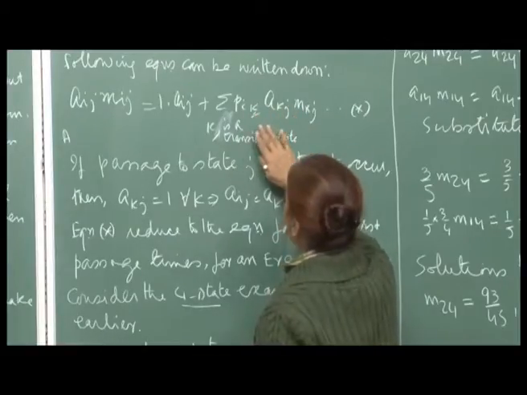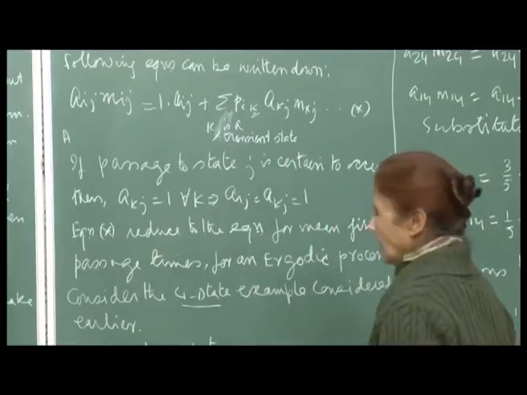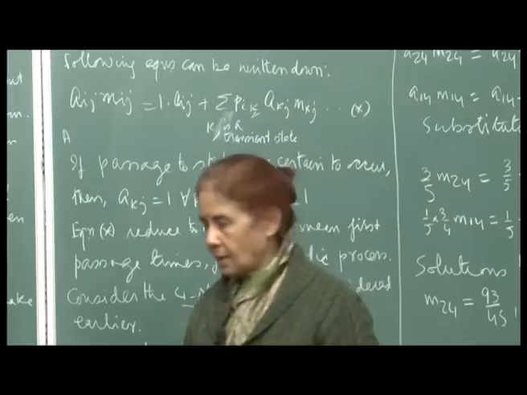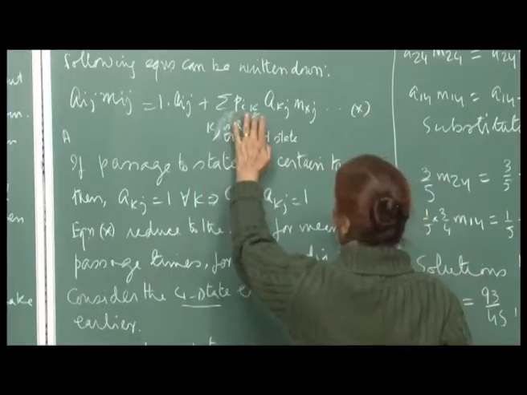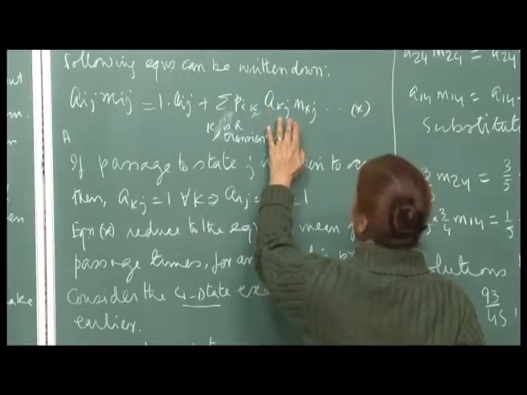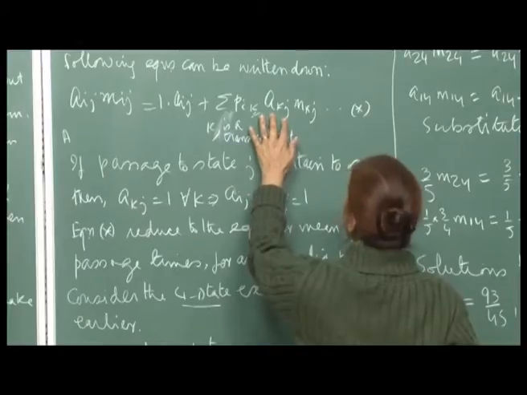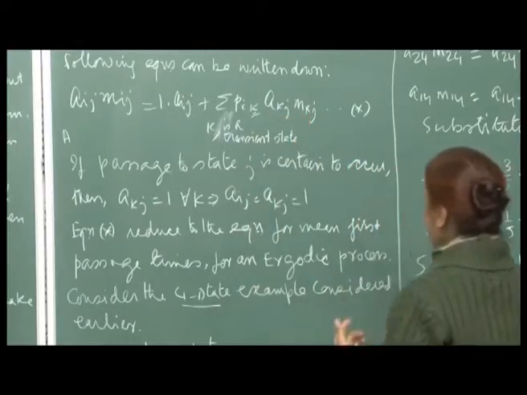So, k cannot be j, because j is an absorbing state. Once I transition to j, then it is done. So, it will be p_ik, that means I transition to another transient state. From that transient state I go to the absorbing state j. So, the probability of that into the mean first passage time from k to j. Okay. So, k is a transient state.